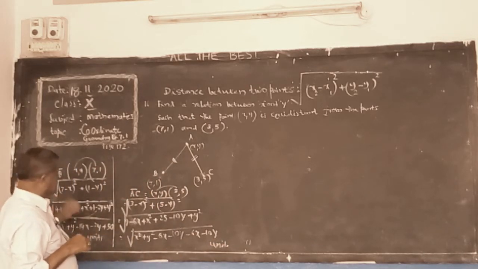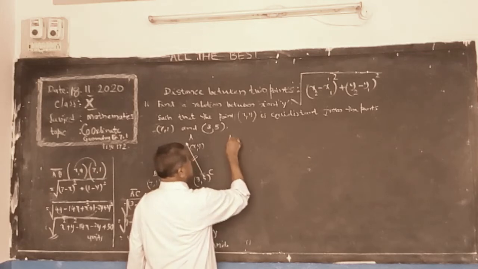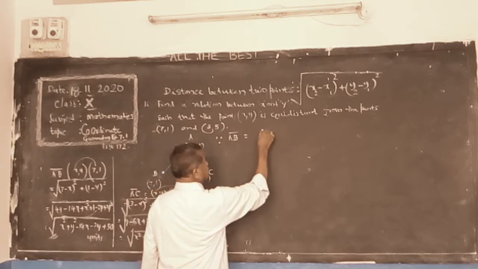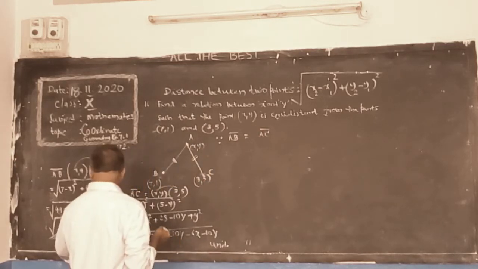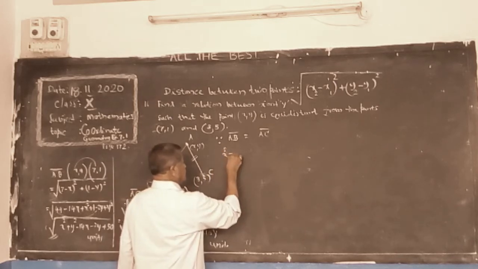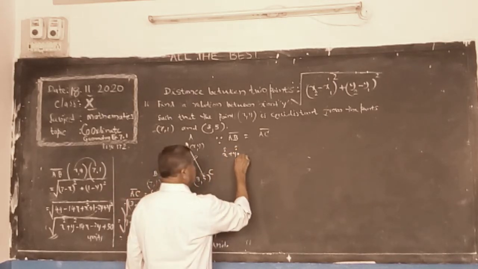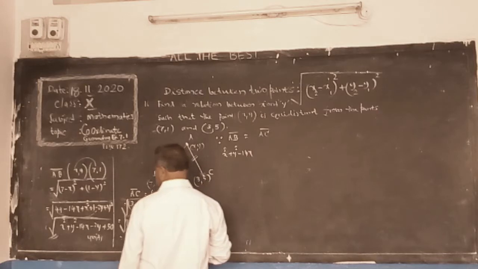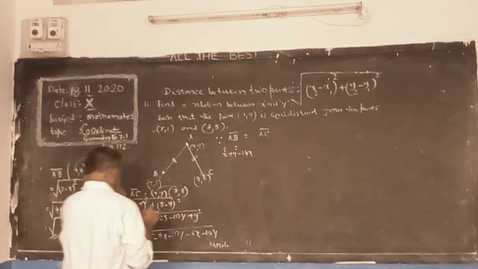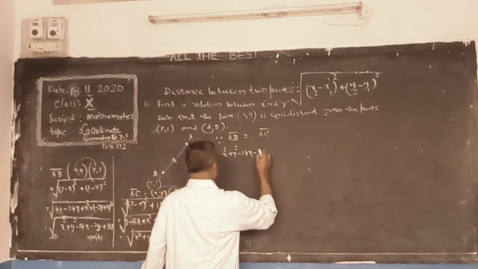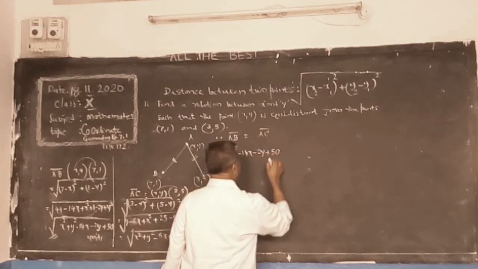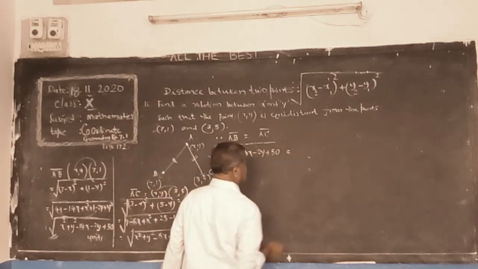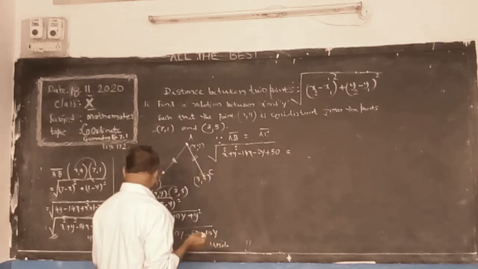Since AB equals AC, the points are equidistant. Since the length of AB is equal to the length of AC, write the equation here: under root x squared plus y squared minus 14x minus 2y plus 50, this is AB, is equal to AC. What is AC?